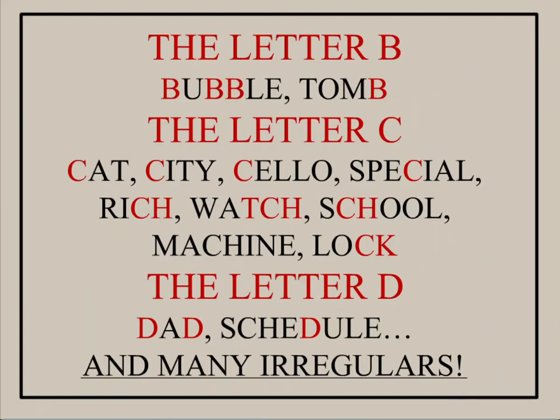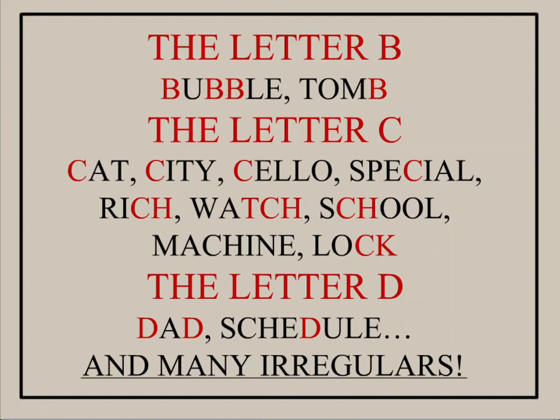Here on your screen, you can see all the words that we use to remember the sounds of the English letters B, C, and D. Let's read them together. You'll memorize these in your lesson. We remember the sounds of the English letter B with the words bubble and tomb.